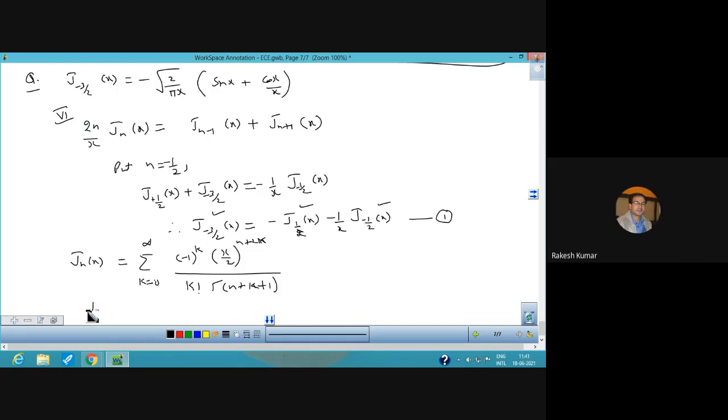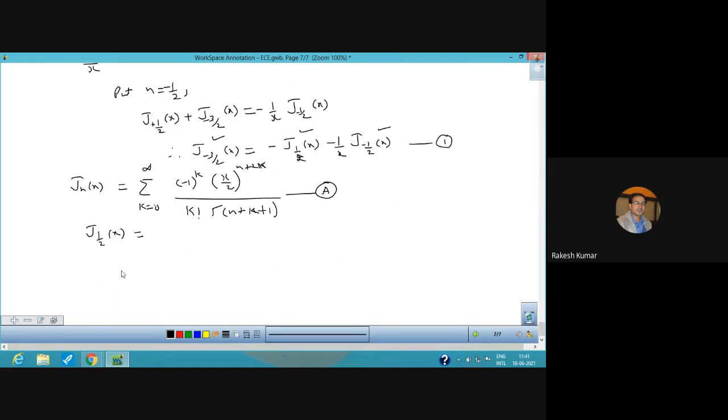Now put n is equal to 1 by 2, and name it as equation A. सो इक्वेशन A में जब आप n इक्वल टू 1 बाय 2 भर देंगे तो आपके पास J 1 बाय 2 की वैल्यू आनी चाहिए, and let us find that value.